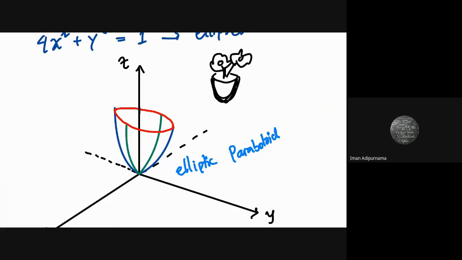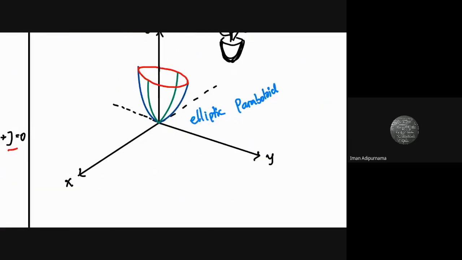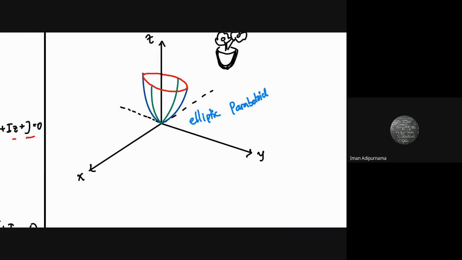Okay, and from here we can make the shape like this, or maybe like this, or maybe to the other side like that. Depends on the equations.